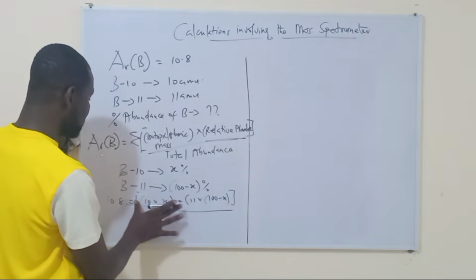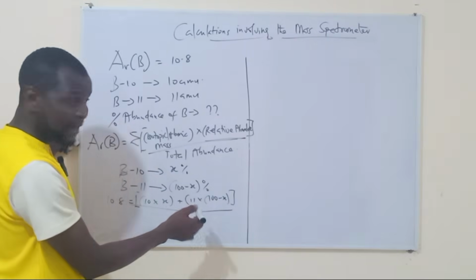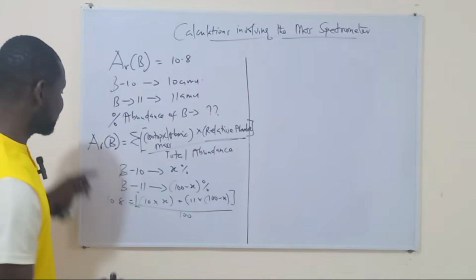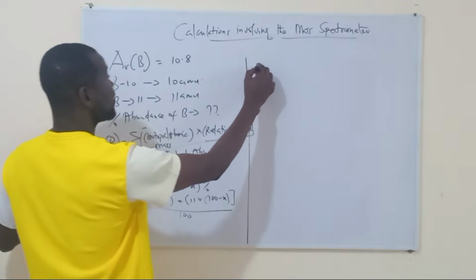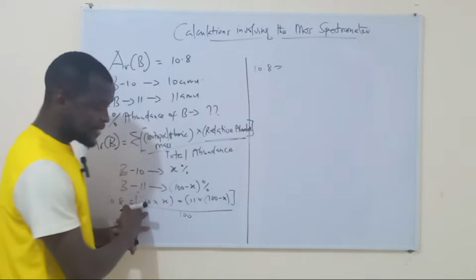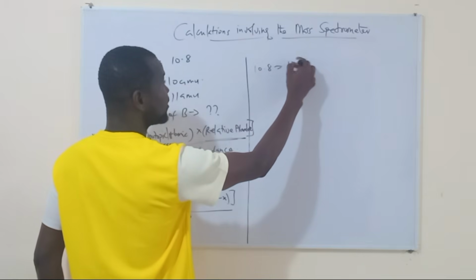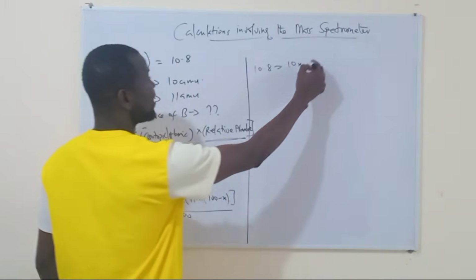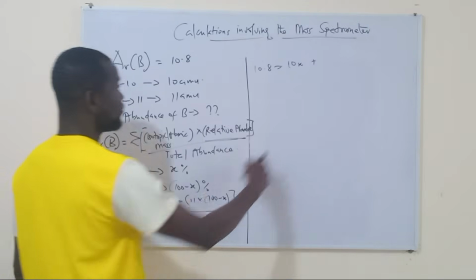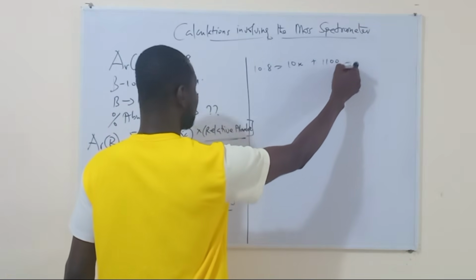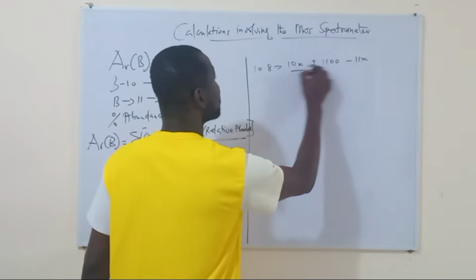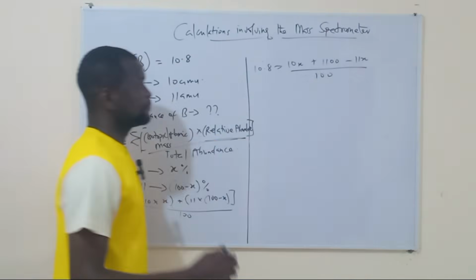Divide all these by the total abundance, which is 100. So we get 10.8 equals 10 times x, which gives 10x, plus 11 times 100 minus x, which gives 1100 minus 11x, all divided by 100.